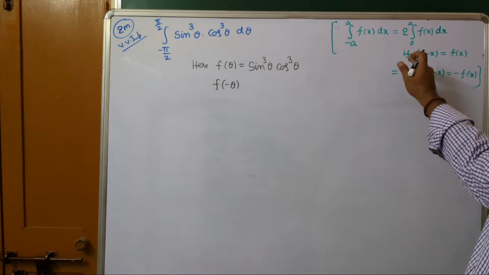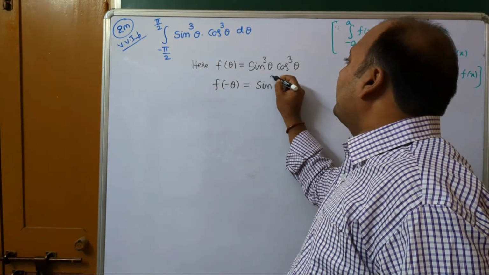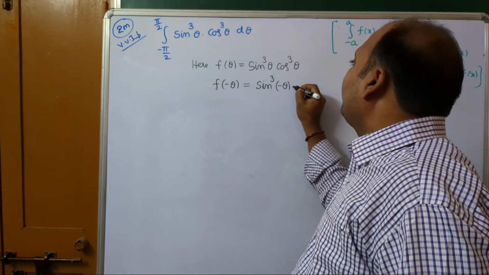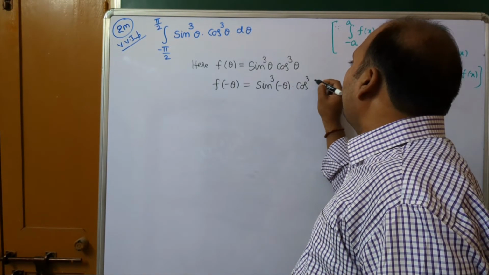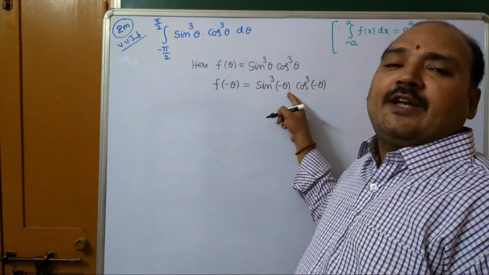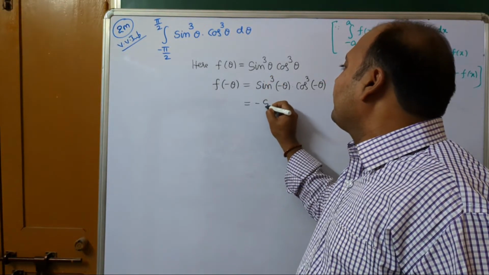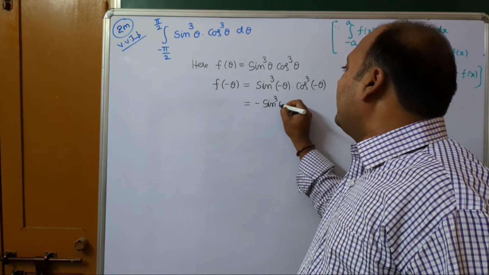f of minus x is there now. f of minus theta equal to sin power 3 of minus theta into cos power 3 of minus theta. Sin of minus theta is minus sin theta; odd number of times means minus only will come. So minus sin power 3 theta.